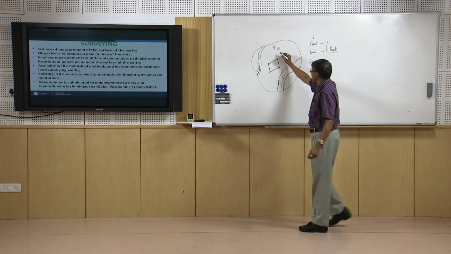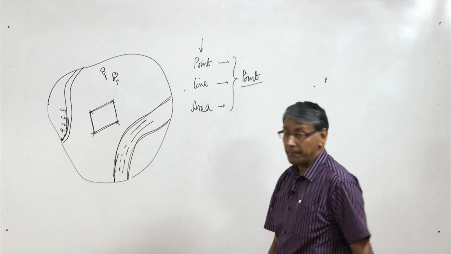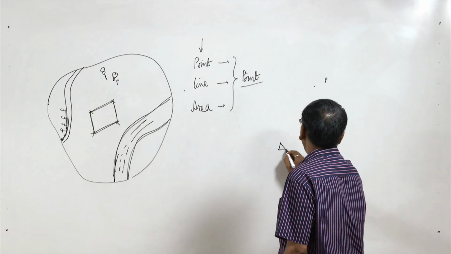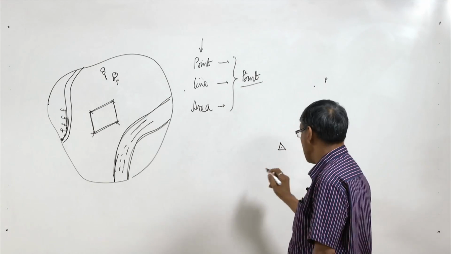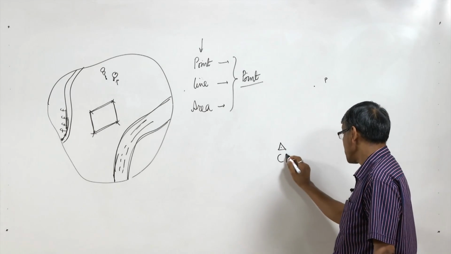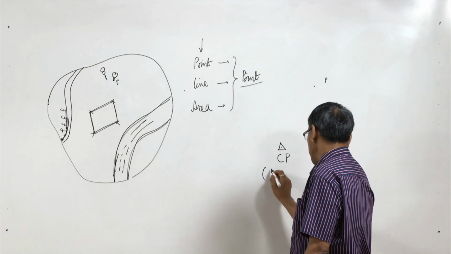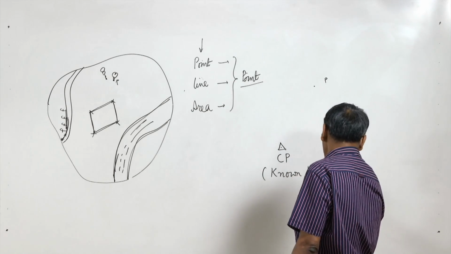Suppose a point P, suppose this is the tree point P. How can we locate it? We locate it with respect to another point whose location is already known. In surveying this point whose location is already known is known as a control point, that means a known location.